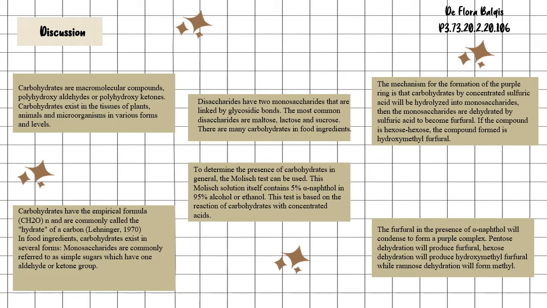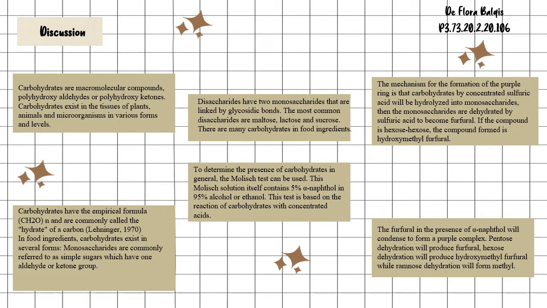The mechanism for the formation of the purple ring is that carbohydrate is hydrolyzed by concentrated sulfuric acid into monosaccharides. Then the monosaccharides are dehydrated by sulfuric acid to become furfural. If the compound is a hexose, the compound formed is hydroxymethyl furfural.